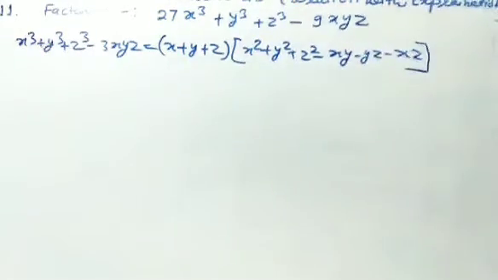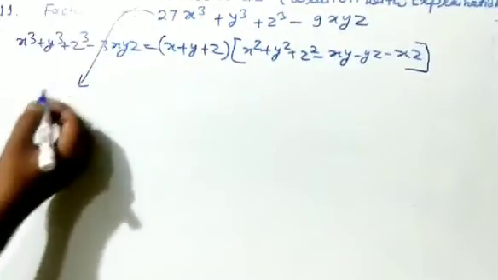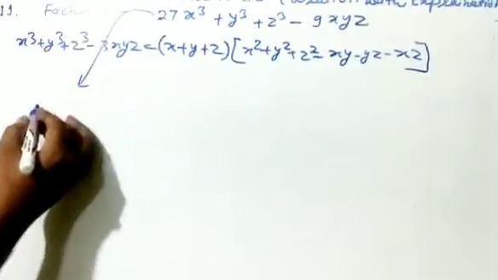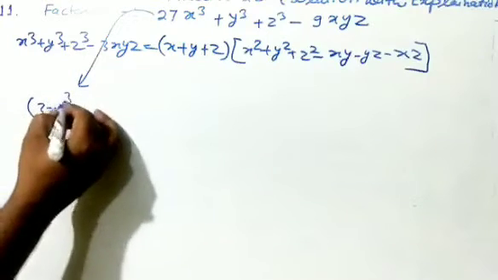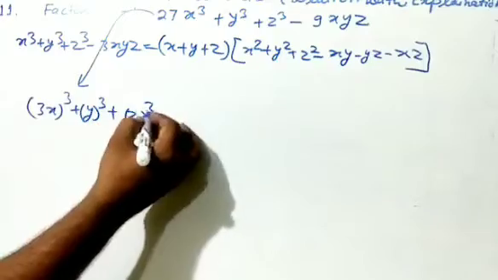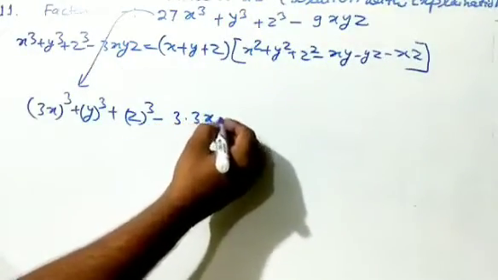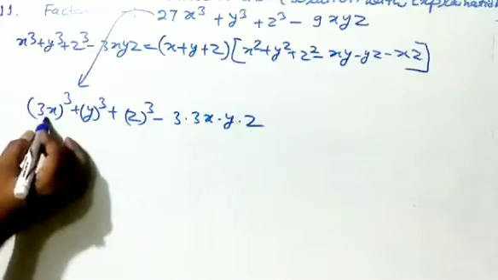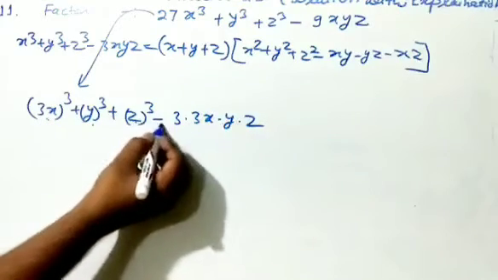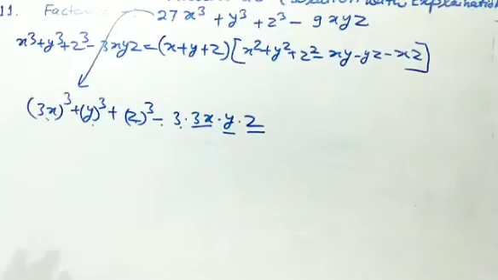This is an identity. So if we write this question like this, we can write 3x whole cube plus y as it is whole cube plus z as it is minus 3 multiply 3x multiply y multiply z. So a cube, x cube plus y cube plus z cube minus 3xyz. Comparison is correct.